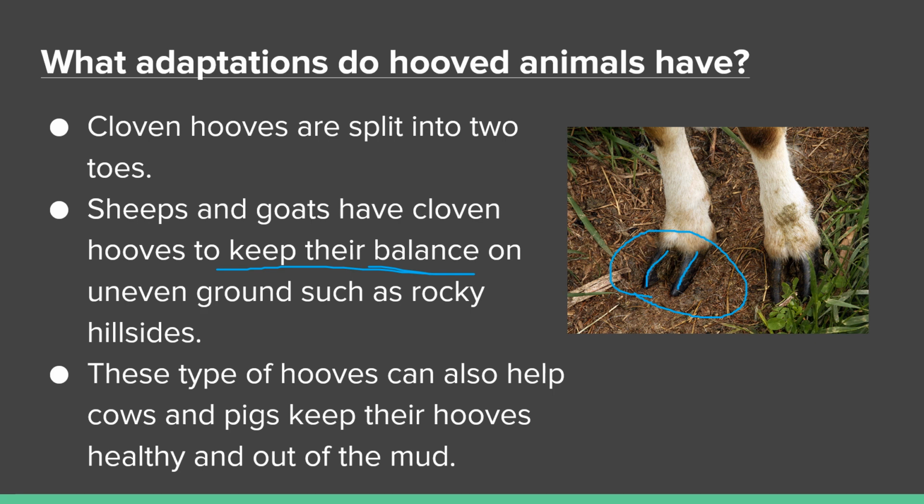They also can help animals such as cows and pigs keep their hooves healthy and out of the mud because they can separate those toes and clean them out without having to get somebody else to help them, which is a benefit that those animals with solid hooves, or 1 hoof all the way across, don't have.